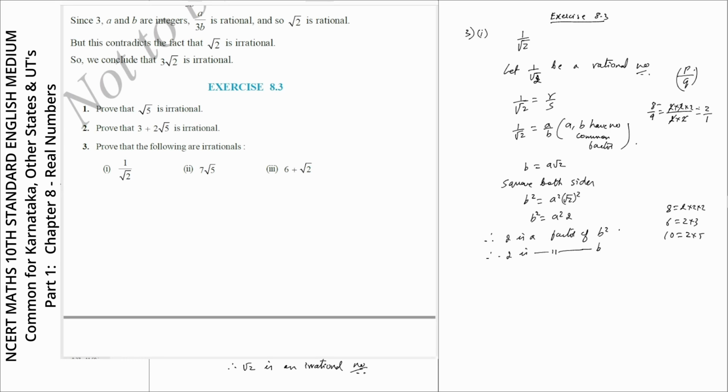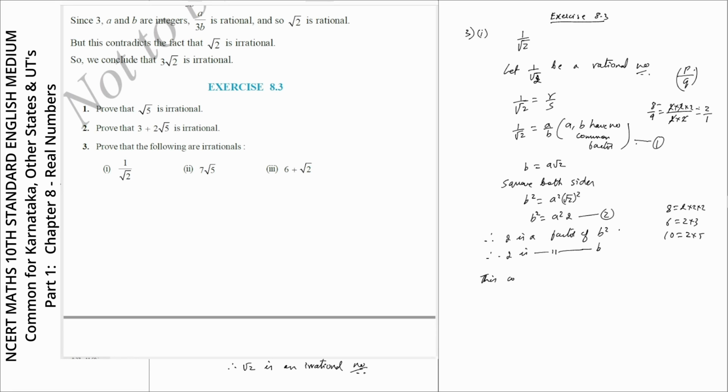Okay, this I'll take it as equation 2 and this I'll take it as equation 1, but you can check it out. 1 and 2 are contradictory statements. Equation 2 says 2 is a factor of b, but what does equation 1 say? a and b have no common factor because we have cancelled all the common factors there. Okay, so this contradicts. Which is contradicting?